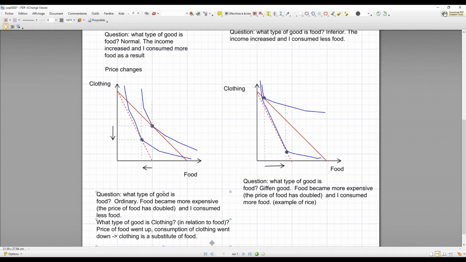So that's the definition of substitute. It's when the price of one good increases and the consumption of the other good decreases, then that's a complement. Oh, sorry, yeah, substitute, complement.